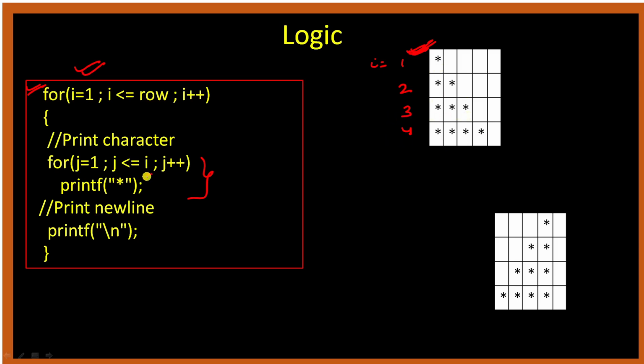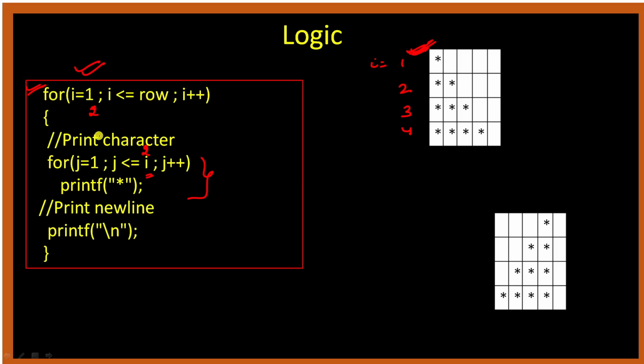So this loop was saying that in each row I have to run a number of times equal to the row number. If I equal to 1, then 1 is placed here and this will run 1 time. If I is 2, then 2 will come here, and this J loop will run 2 times, J equal to 1 and J equal to 2, in the same way. So this was the code.